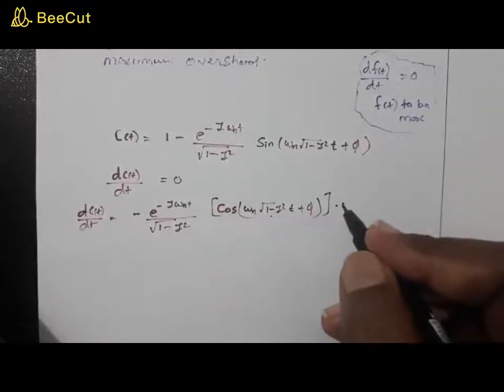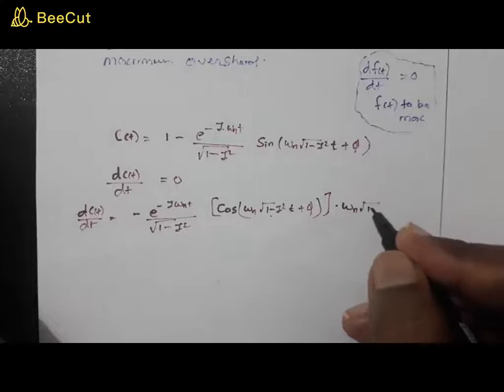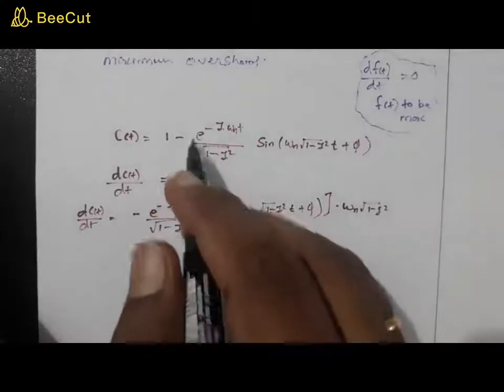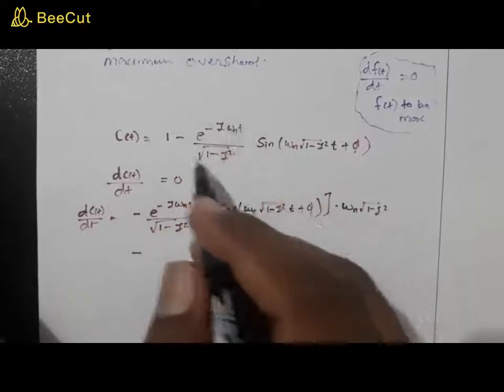This is multiplied by omega n root of 1 minus zeta squared, then minus, you need to differentiate the first function.